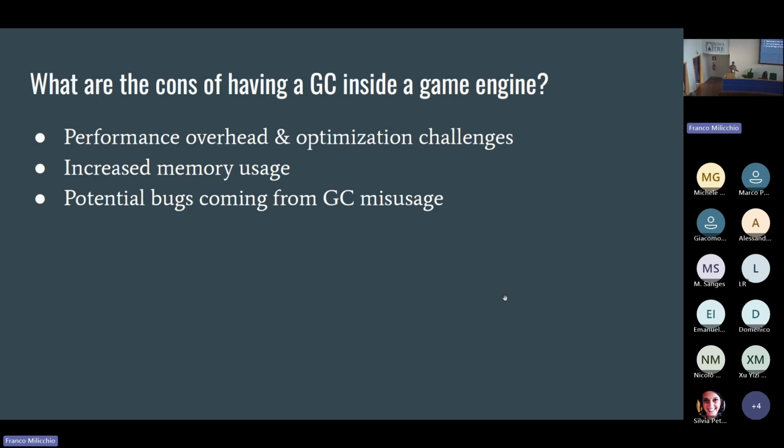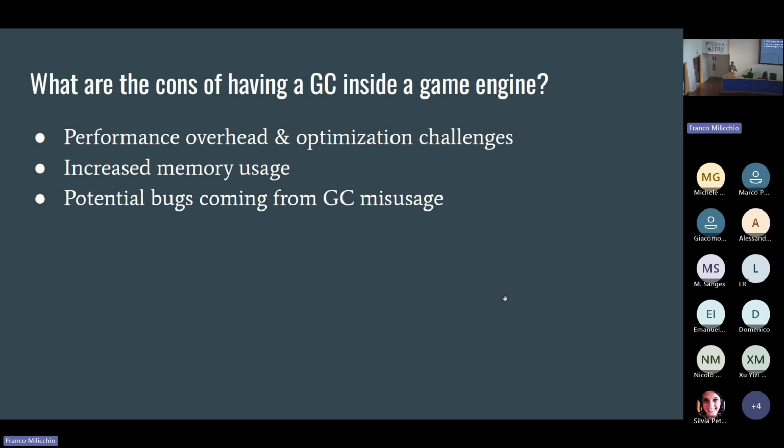So, performance overhead: GC is expensive on the CPU. It can be a huge bottleneck, causing frame hitches and even bugs if you don't know what you are doing.